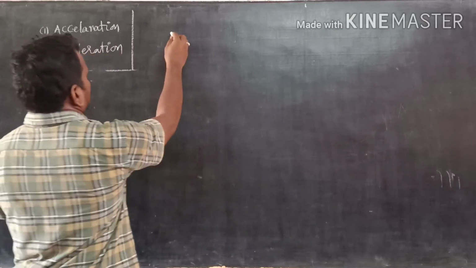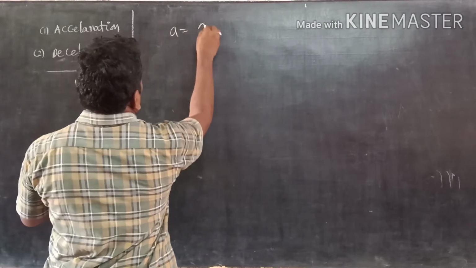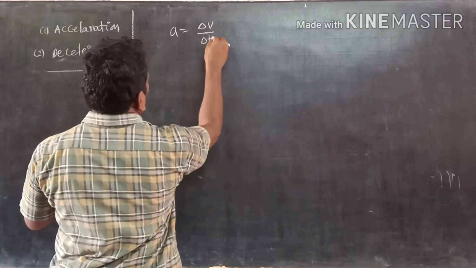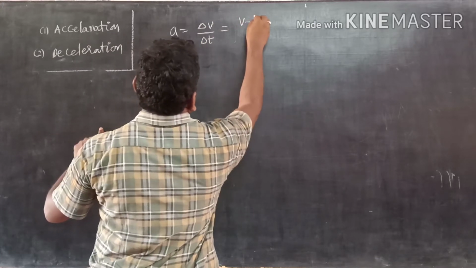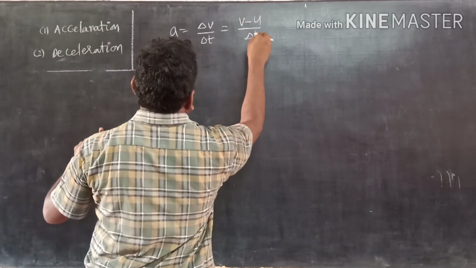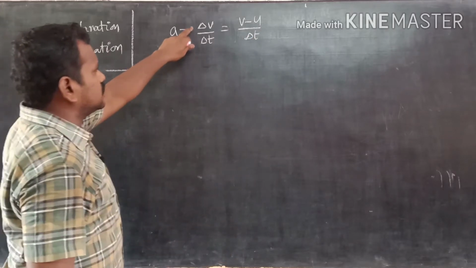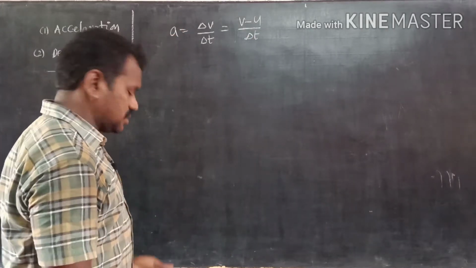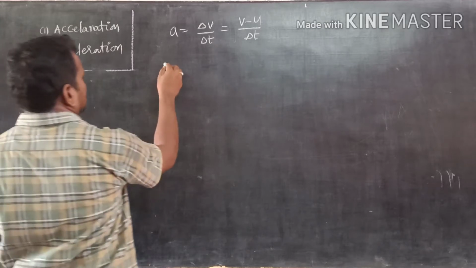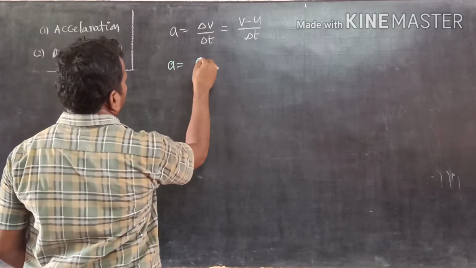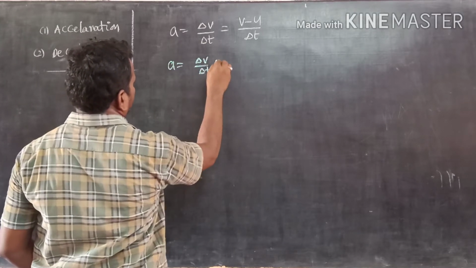Till now what we learned: a equals delta v by delta t, that is (v minus u) by delta t, because the rate of change of velocity is called acceleration. Now see, a equals delta v by delta t.